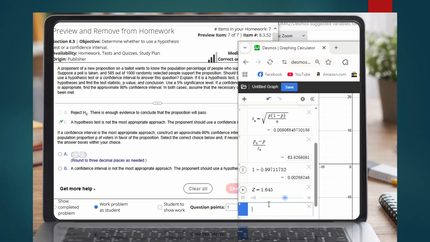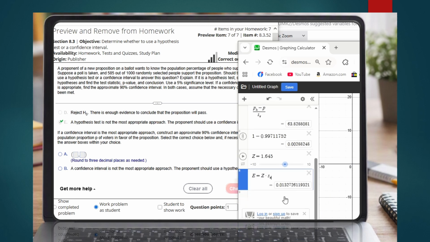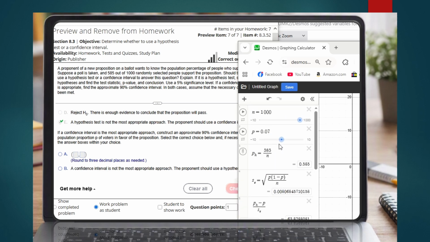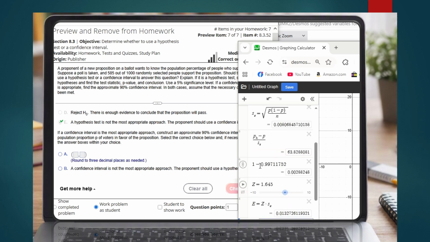So now we need to calculate the error. Remember, that is z times the standard error. So now we have our margin of error. Now remember, what we're going to do is use what we have here for p hat.